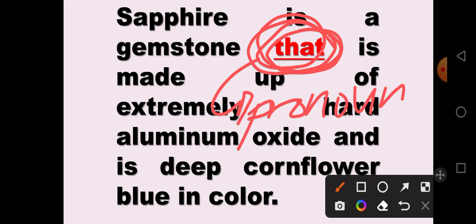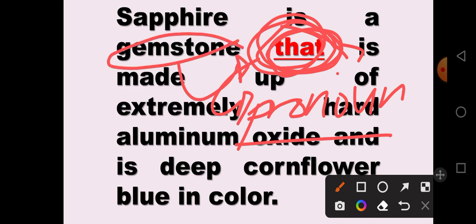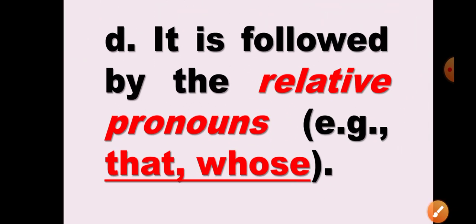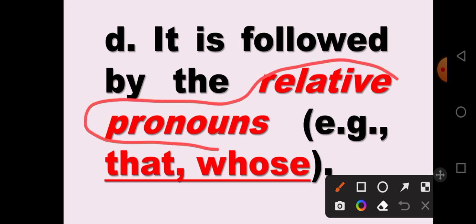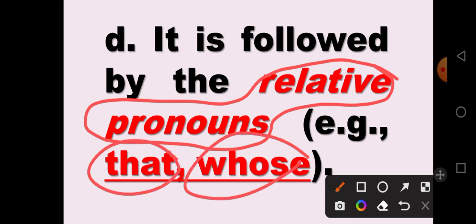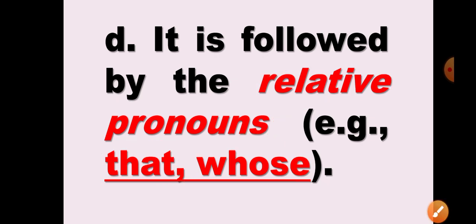However, what kind of pronoun is this word? The species is followed by this kind of pronoun, known as the relative pronoun. The species is then followed by a relative pronoun, and examples of relative pronouns include that, whose, those, and so on. So that will be our next guideline.